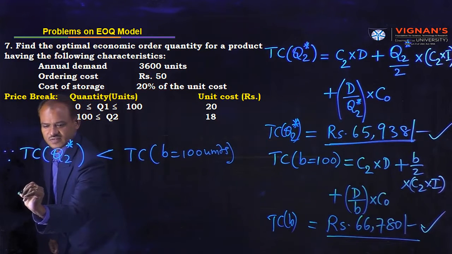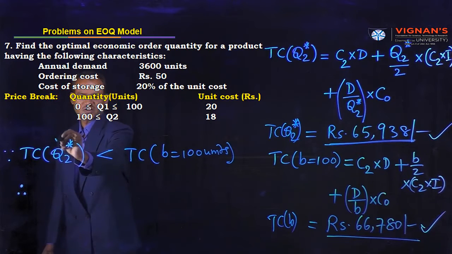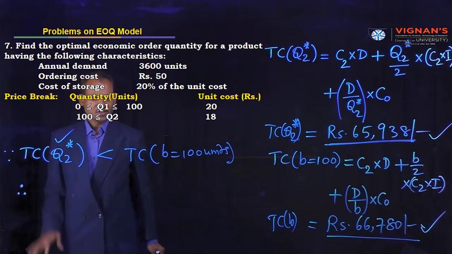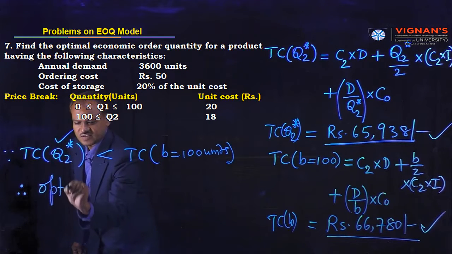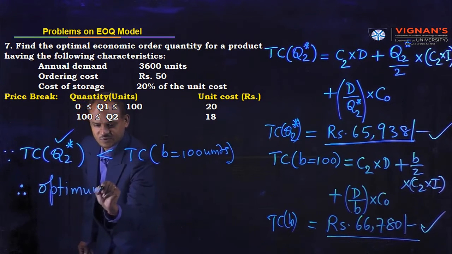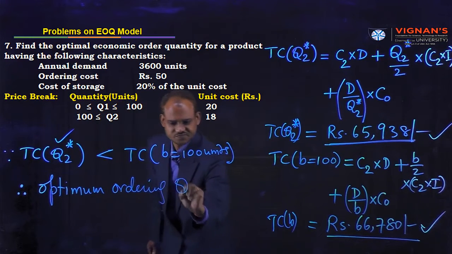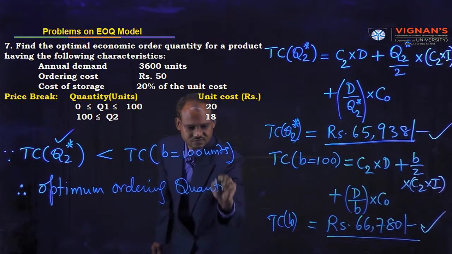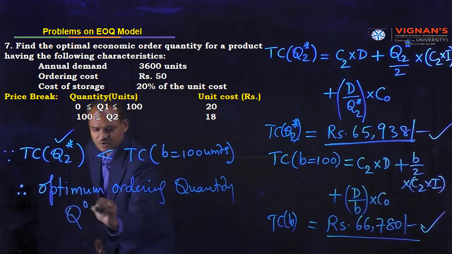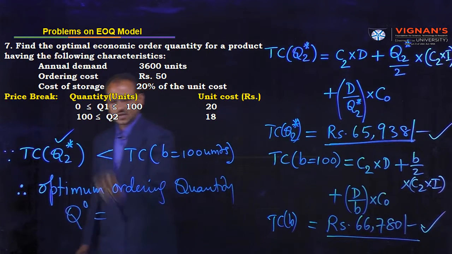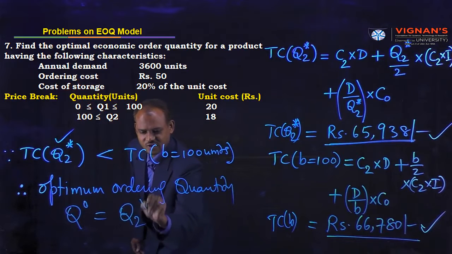Therefore, which one is the lowest cost? At Q2 star quantity, TC is lowest. Therefore, optimum ordering quantity, this is the answer. The usual notation is Q naught is equal to this quantity, that means Q2 star.